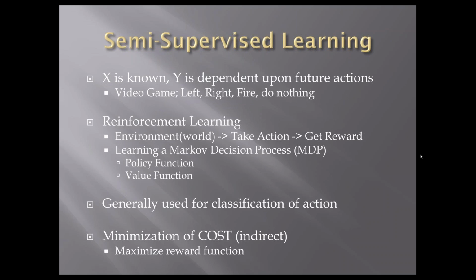So in this case, you know your input, but Y is dependent upon some future action. So it's not as straightforward as supervised learning. A good example is that DeepMind has come out with an application that learns how to play video games. Some of the actions that it might perform are to move left, right, fire, or do nothing.